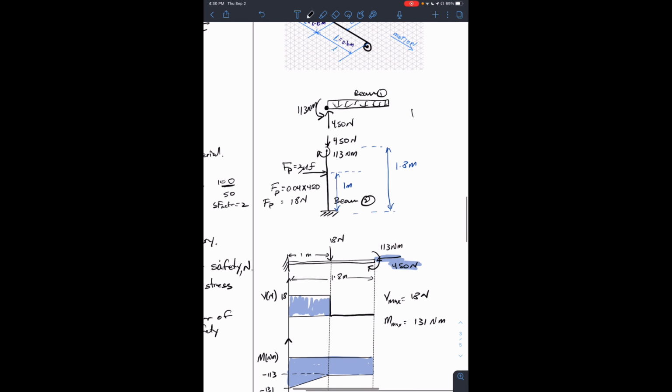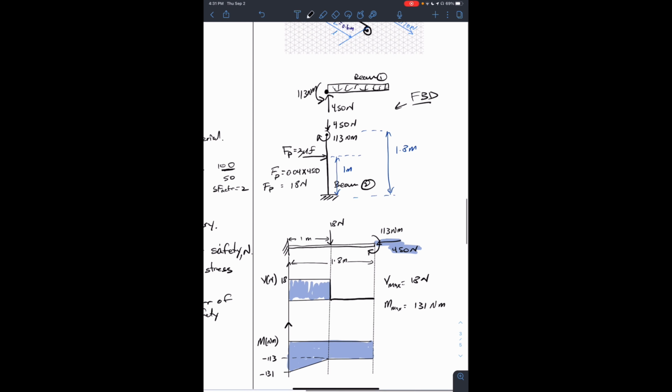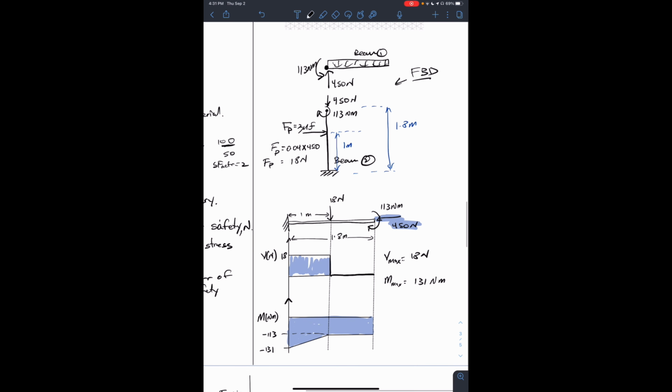So we draw a free body diagram of the two beams in connection. It'll be equal and opposite, the forces applying to each part of the joint. Then we rotate the beam into a form that is familiar for us.